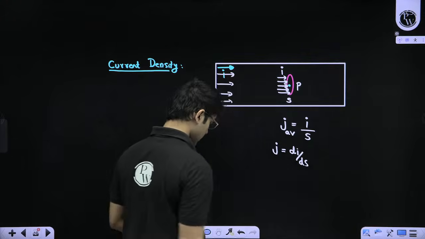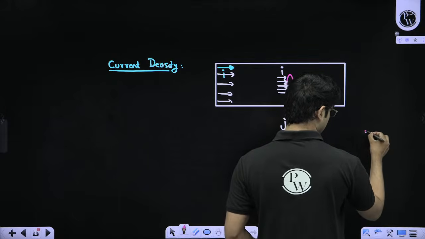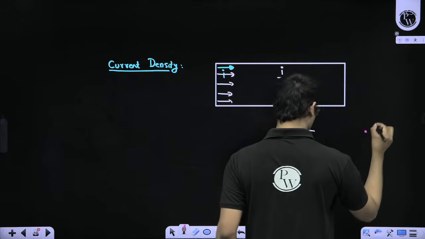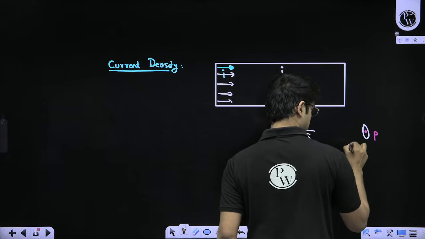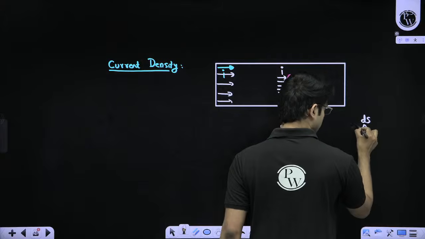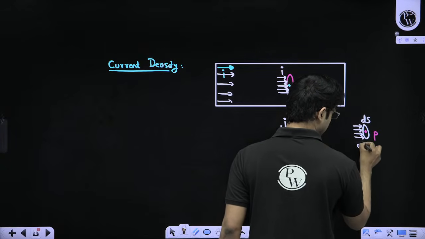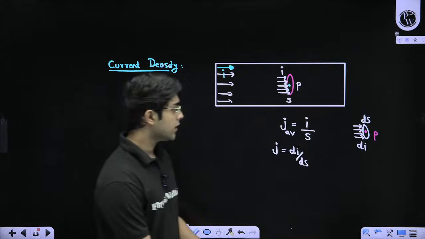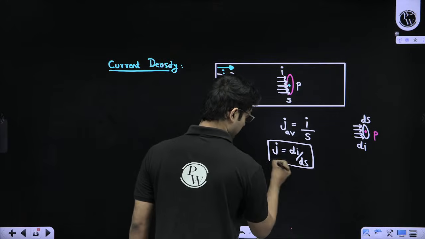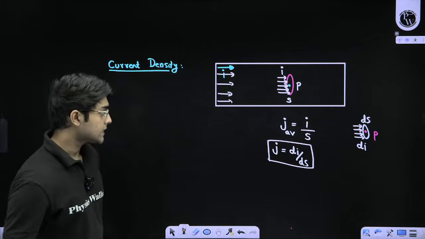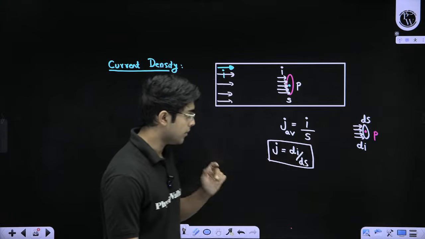If we want the current density at this point P, we choose a very small area of cross section ds, and if the current cutting through it is di, then we define the current density as di by ds, current per unit area. It tells us how much is the density of current cutting through any area.